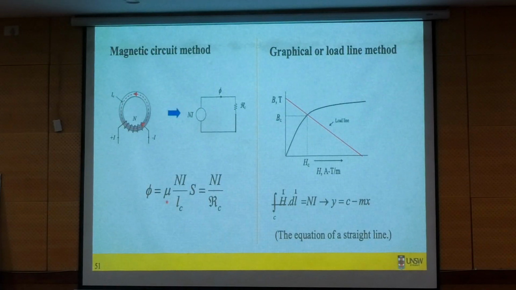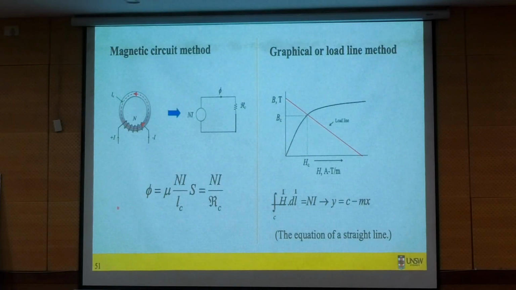So let's say I have a motor. I know the geometry, so I know the cross-sectional area. I know Lc, but I may not know the permeability accurately, okay? Because permeability is not constant. When the material is saturating, permeability is no longer constant, right? Permeability is constant only here in the linear region.